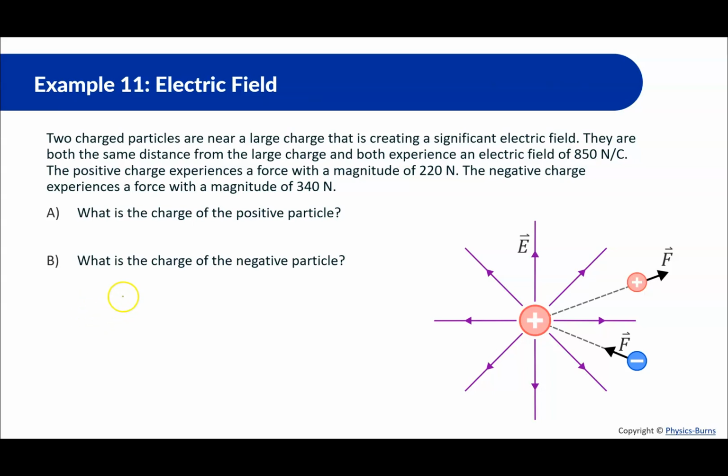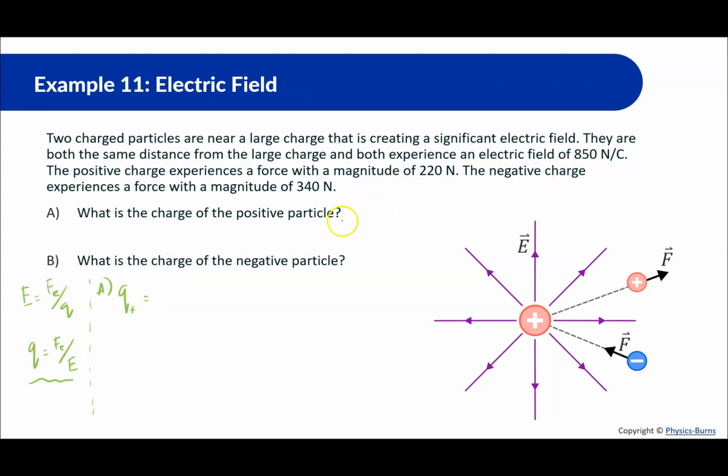Okay. So electric field is equal to Fe divided by Q. Sorry, not Q divided by Fe. So now we're trying to find what Q is. So Q is equal to the force of electricity divided by E when we do some algebra. Okay, so now that we have the equation, let's figure this out. We can find the charge of the positive one because we know the force.